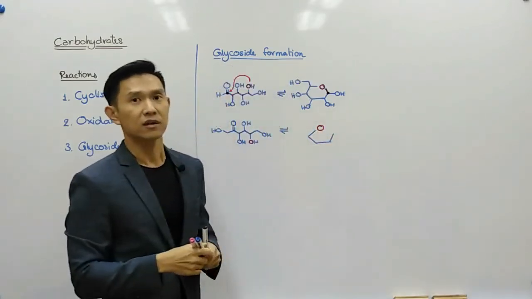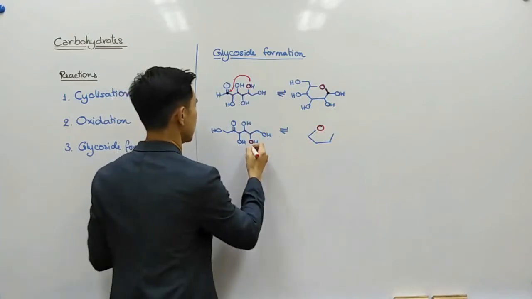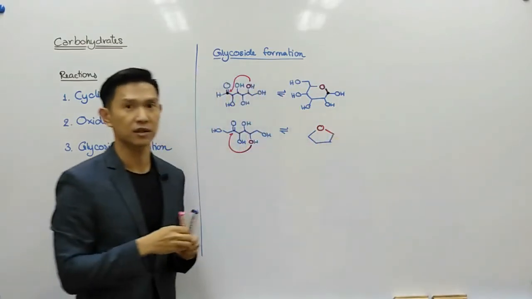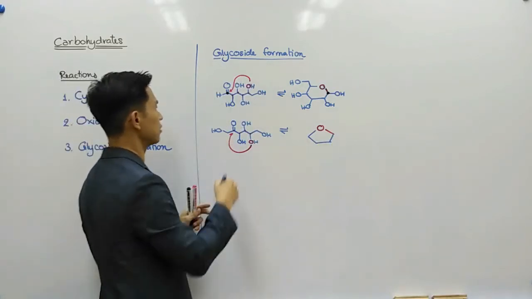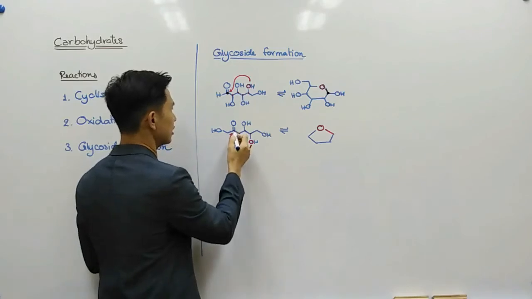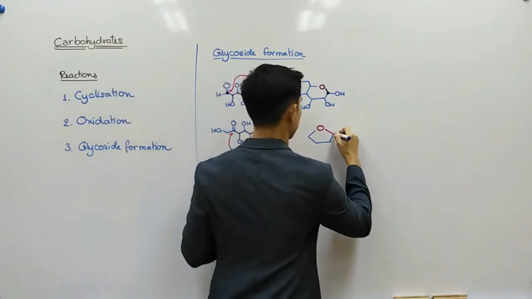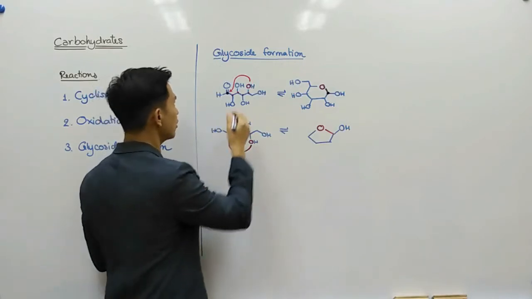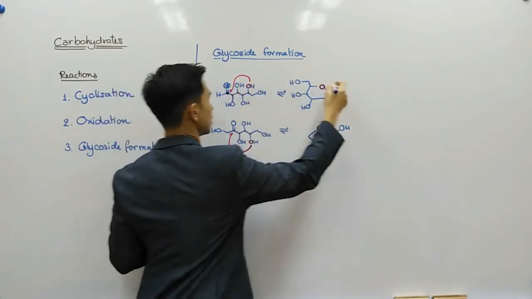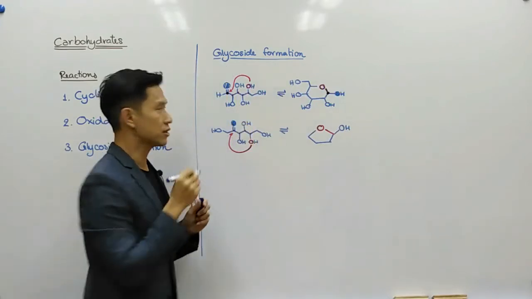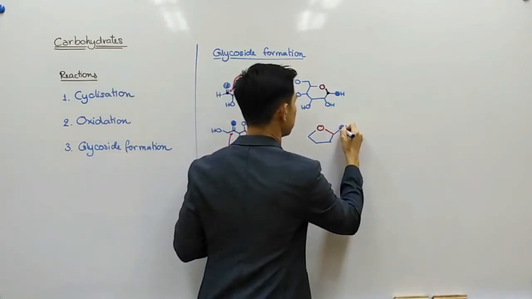So again, the pink oxygen reacts with the carbonyl, like this. And now the carbonyl double bond is released to be a single bond. This is OH of that one. I would label the carbonyl oxygen with blue color, so you can track back easier.